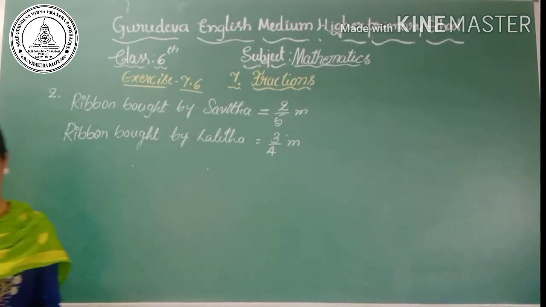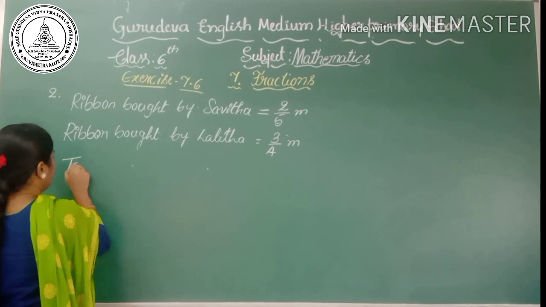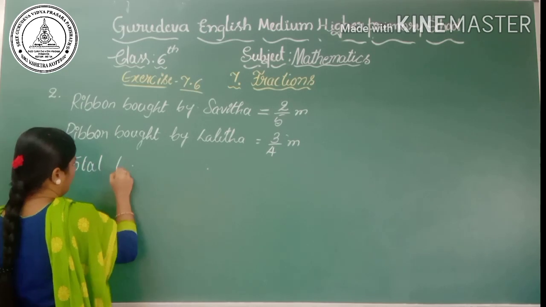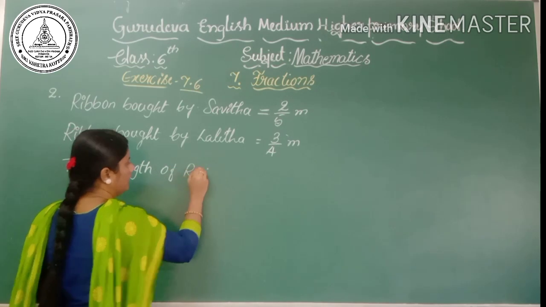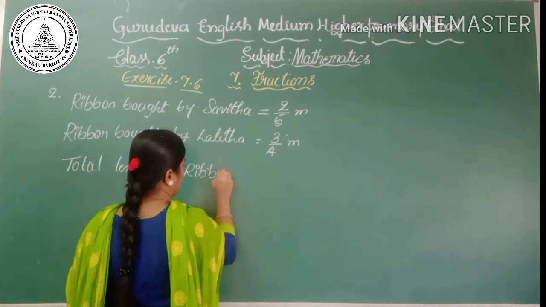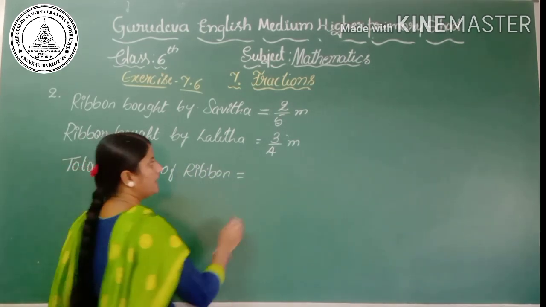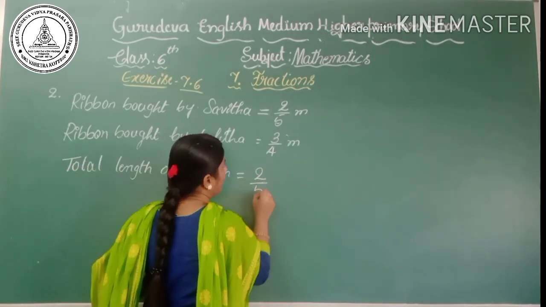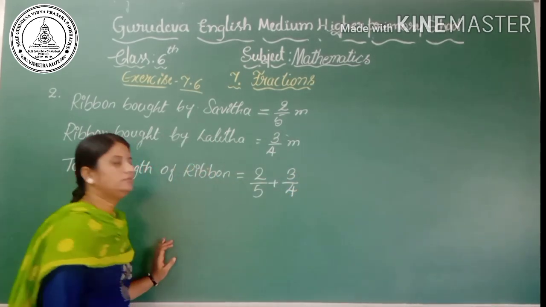Okay, the next thing we have to write is the total length of ribbon. Total length of ribbon is equal to, we have to add these two lengths: 2 by 5 plus 3 by 4.